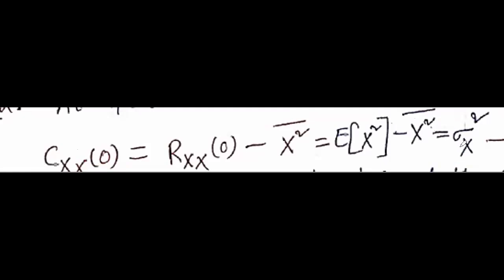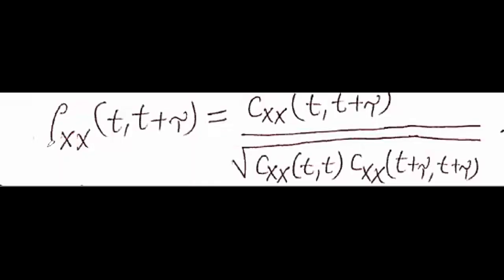The third consideration is that the autocovariance coefficient of the random process X of t is given by a formula. This is the formula: Cxx of t comma t plus tau divided by the root of Cxx of t comma t times Cxx of t plus tau comma t plus tau.